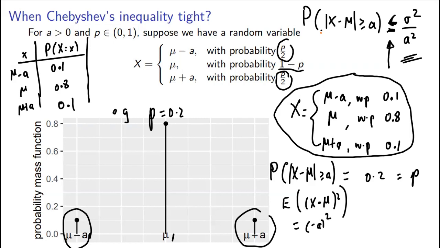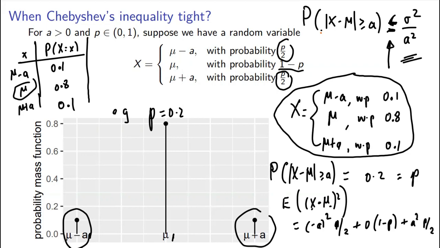And that happens with probability of 0.1 or p over 2. Plus, when x is mu, x minus mu is mu minus mu, well, that's 0. 0 squared is 0. So 0 times whatever probability, which is 1 minus p, in this example 0.8. Plus, when x is mu plus a, x minus mu is a. So a squared happens with probability of p over 2.